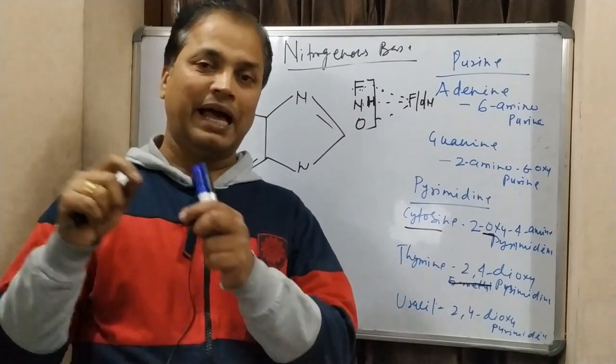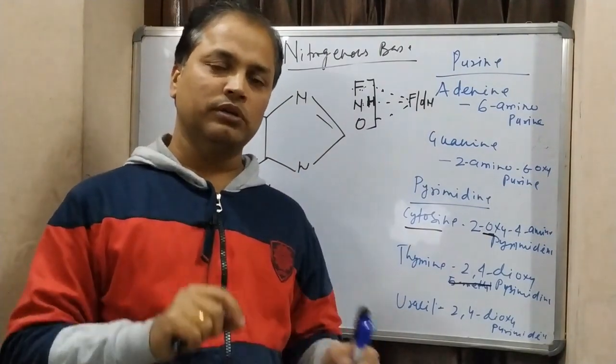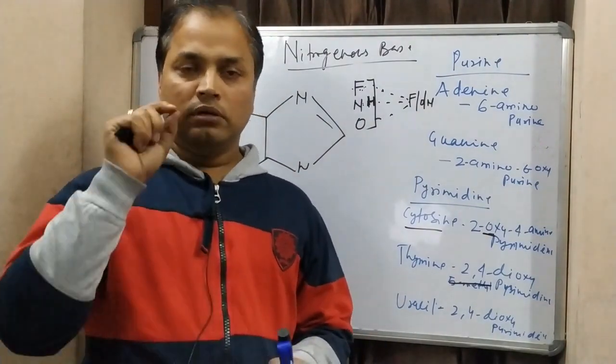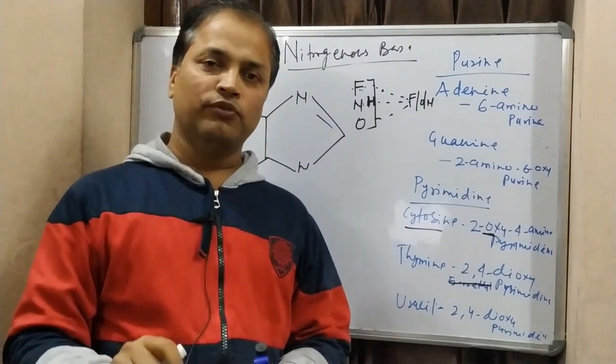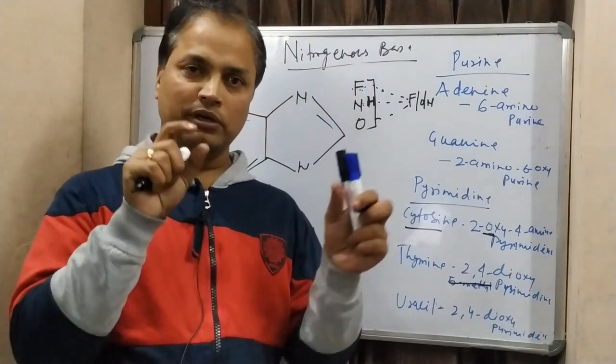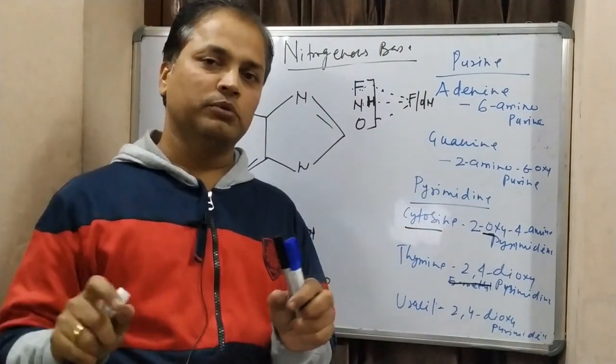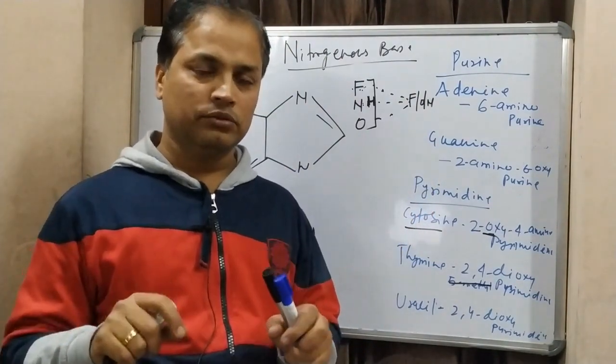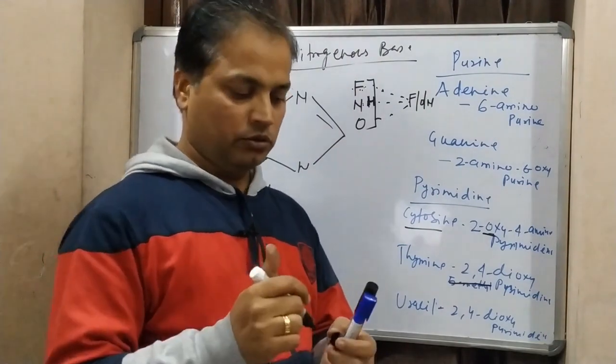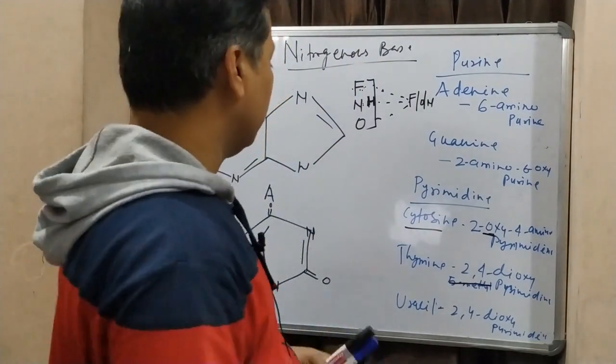Whenever a hydrogen bond has to form, there will be a donor and an acceptor. Never will hydrogen bonds form between two donors, like OH and OH, or between two acceptors. So always for hydrogen bonds we need one acceptor and one donor.